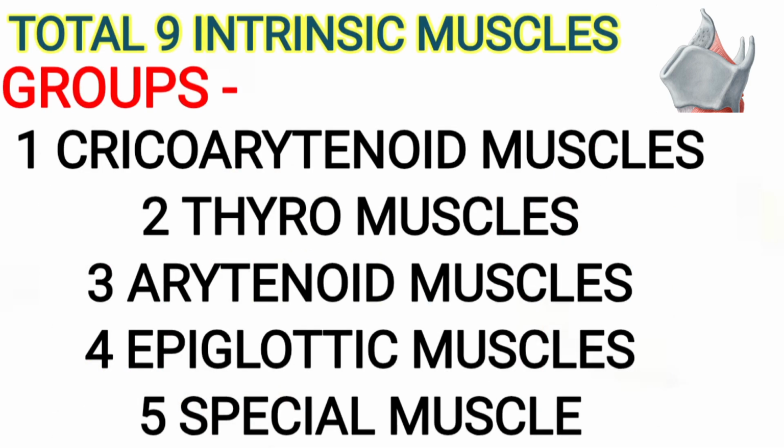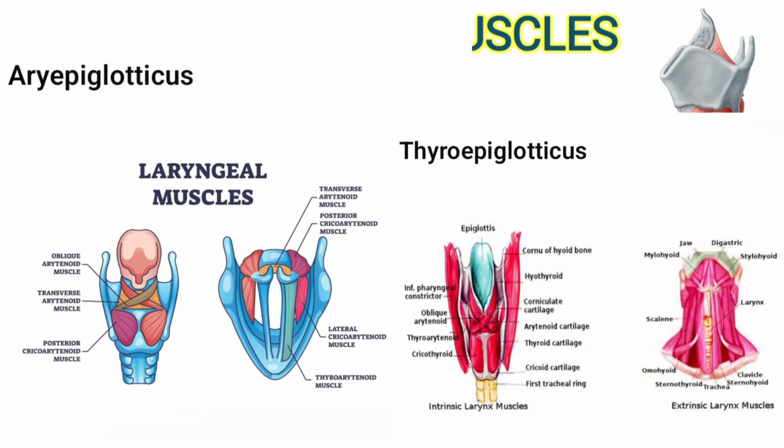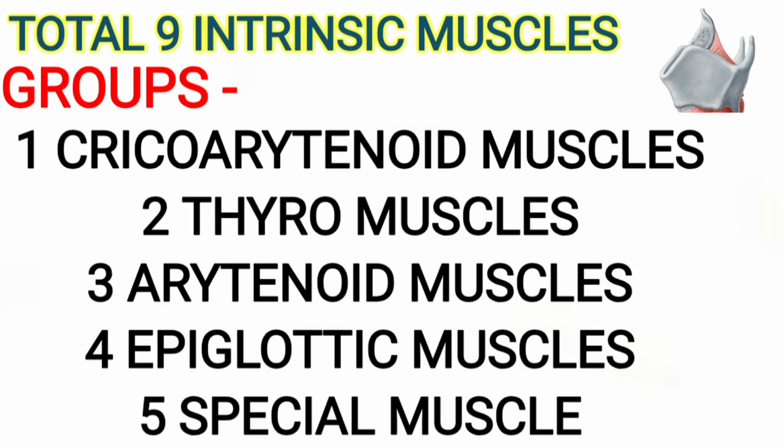Group number 4, epiglottic muscles. There are two, aryepiglotticus and thyroepiglotticus. Let's divide them: arytenoid and epiglottis, thyroid and epiglottis. So both go to the epiglottis. Group number 5, special muscle.